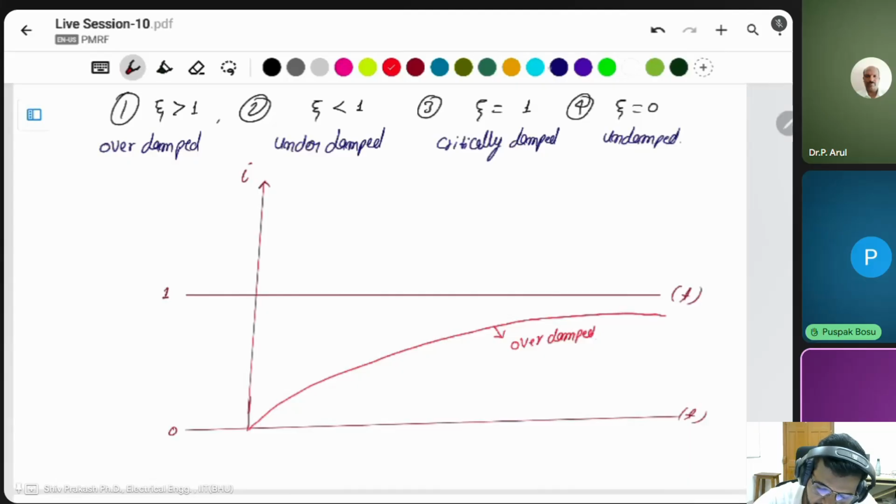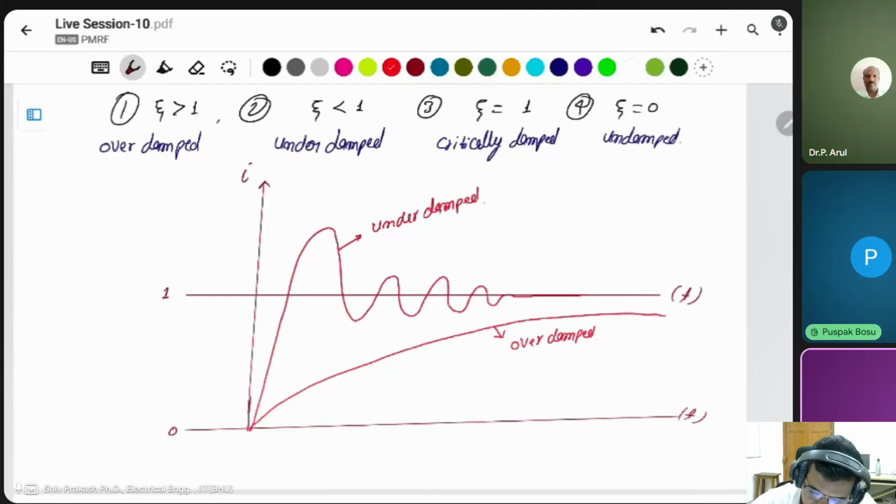In an underdamped system, there is some oscillation, and then after that it goes to a steady state. This type of response shows the underdamped system. Critically damped will be fast, going to steady state.